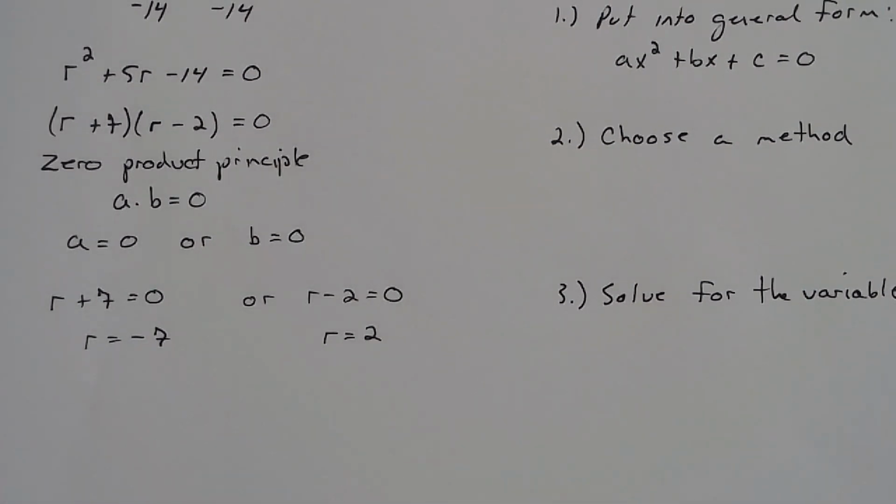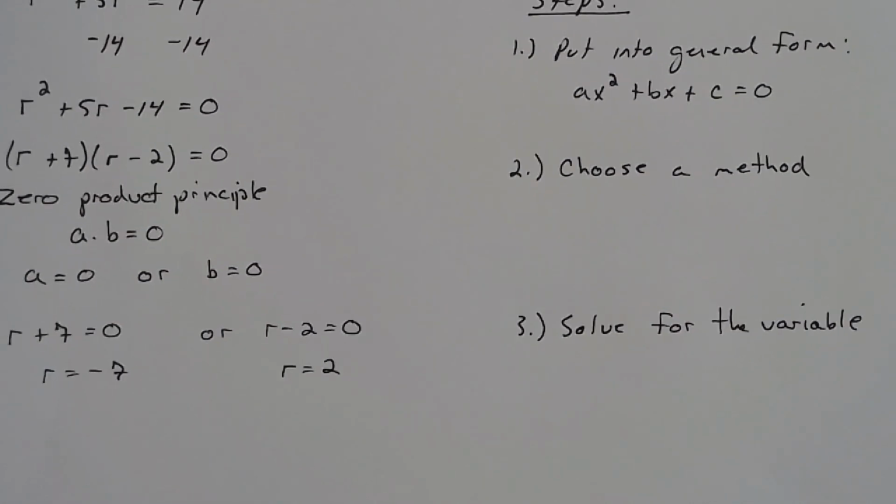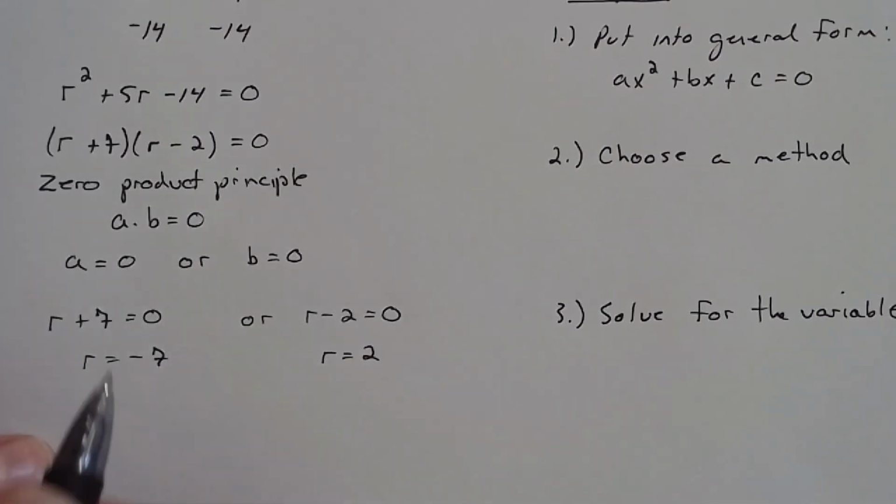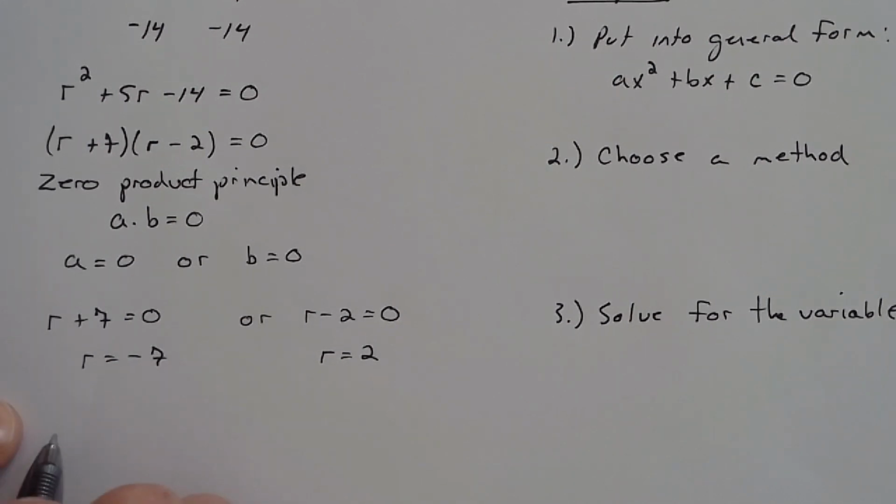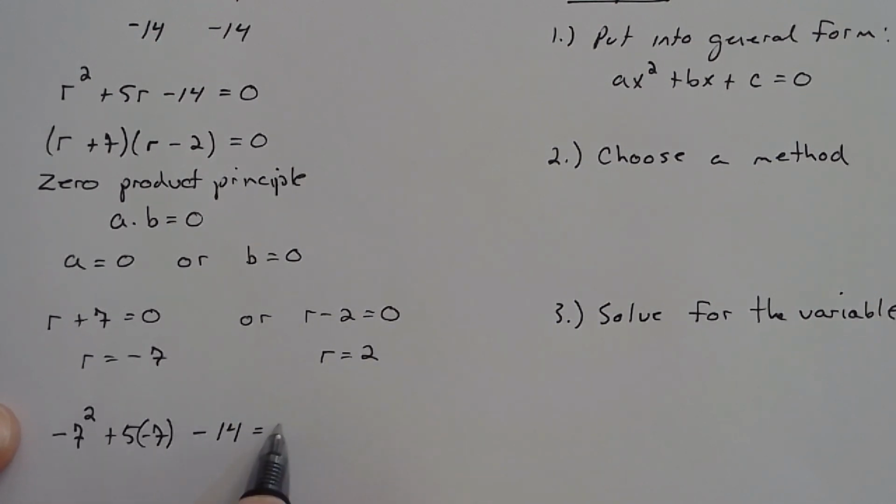And now we're going to test our possible solutions. So negative 7 squared plus 5 times negative 7 minus 14 is equal to 0.